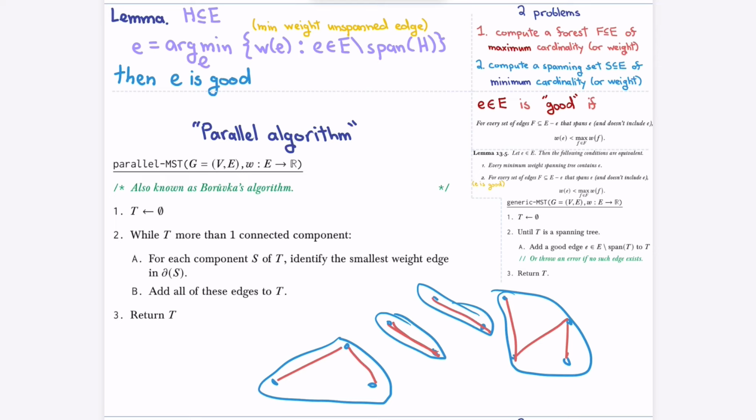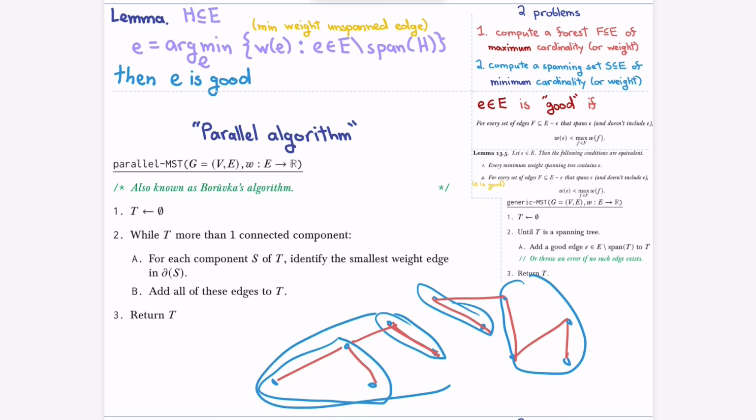And then we just do this again. This component was the minimum weight edge. This component was the minimum weight edge. So you might contract again. Oops, sorry. Let me do it differently. So in the second round, you might add these edges.